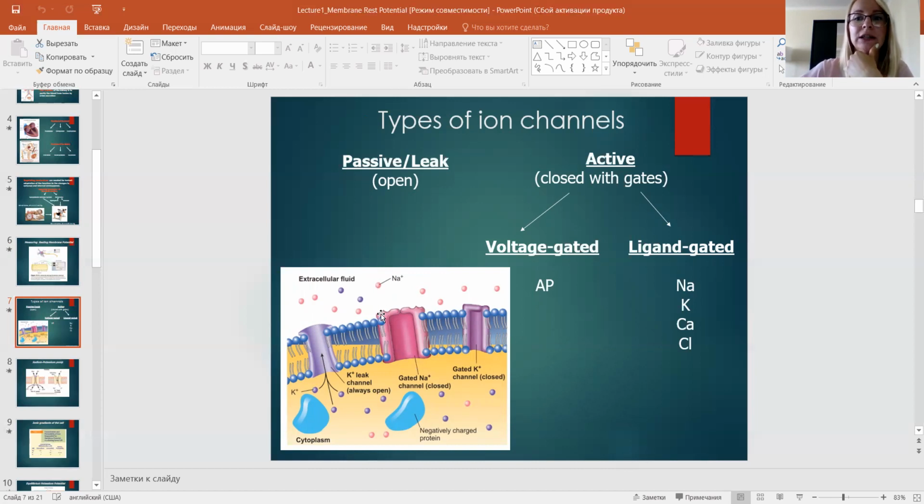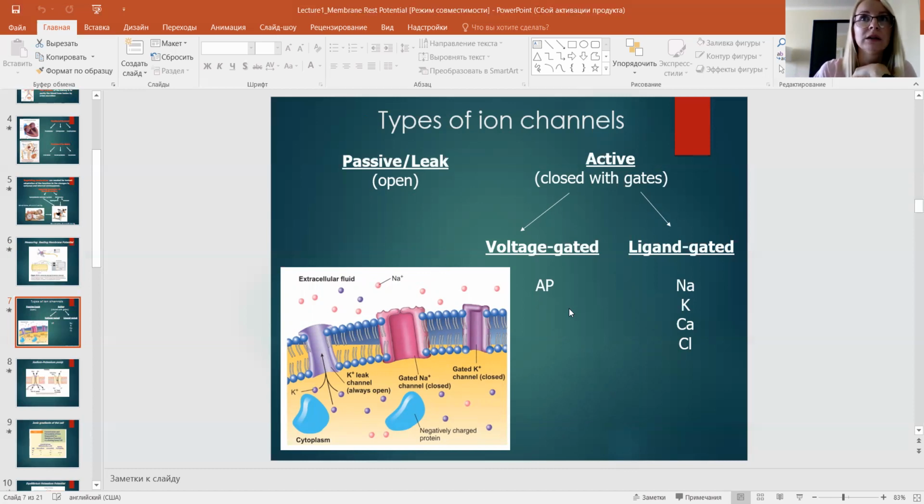Ligand-gated ion channels exist for sodium, potassium, calcium, and chloride. These channels are common in tissues such as nervous tissue, muscle tissue, as well as glands. Voltage-gated ion channels open and close in response to small voltage changes across the plasma membrane.